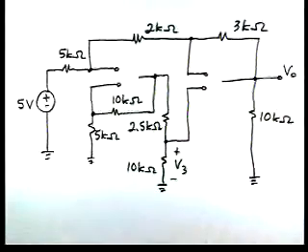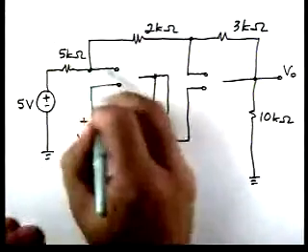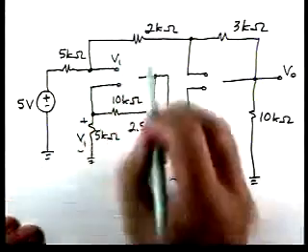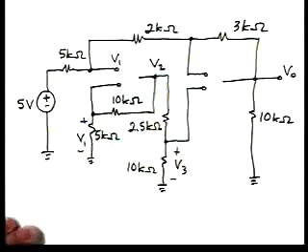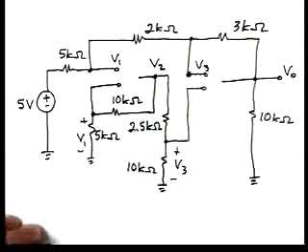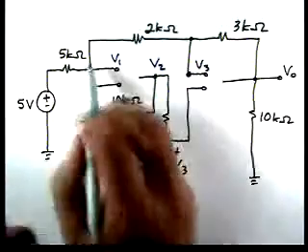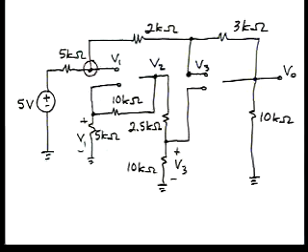And here's our circuit. We've defined this voltage as V1. So the voltage at this node is also V1. Here's the voltage V2. The voltage here is V3. Now, let's apply Kirchhoff's current law at this node.